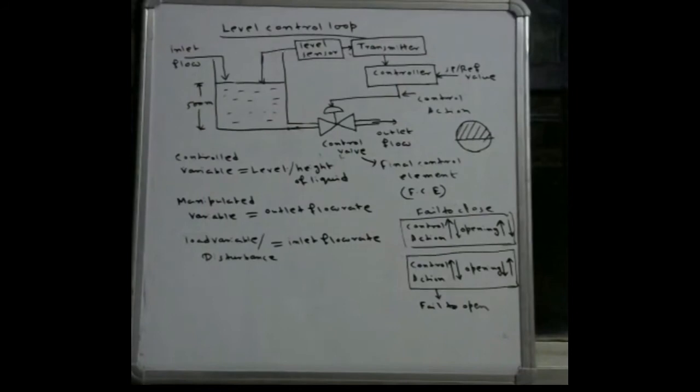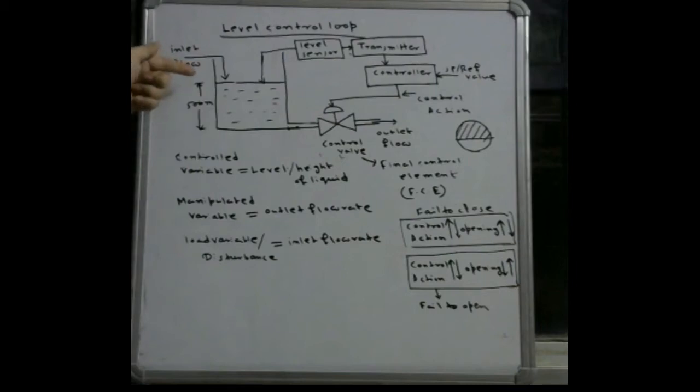So this load variable is very much important to our process, any process. If the load variable is not present, if there is no fluctuation in the inlet flow, there will be no chance of some deviation.